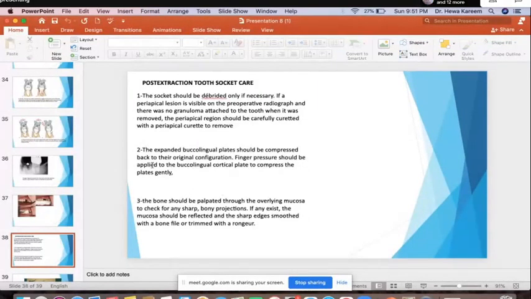These are the important points: the socket should be debrided, meaning cleaned. The expanded bone buccolingually should be compressed. And the last one, any projection should be smoothed or removed. Write it briefly in the exam, in short, I don't want it in full. Okay.